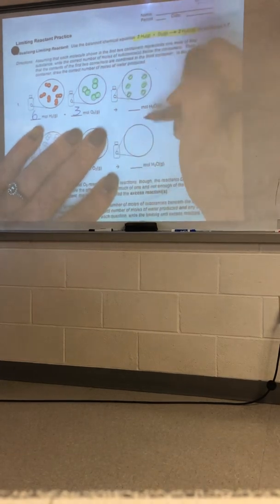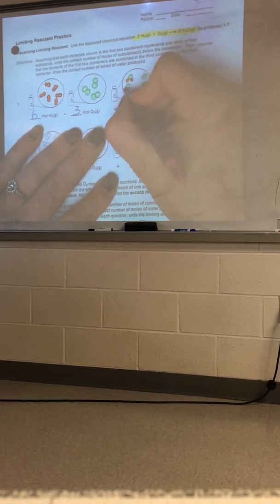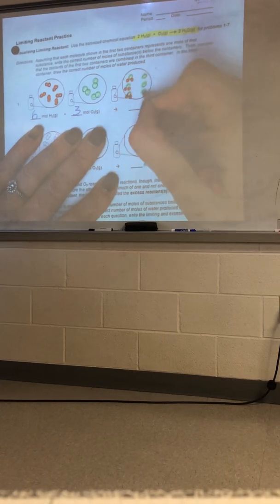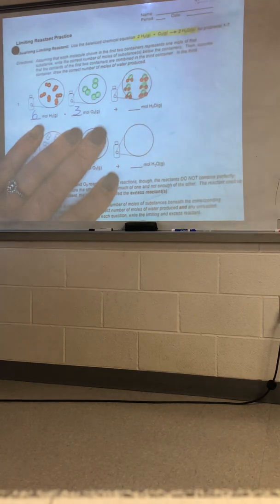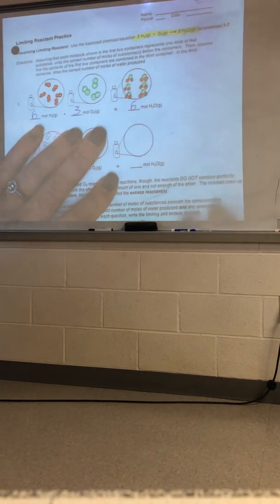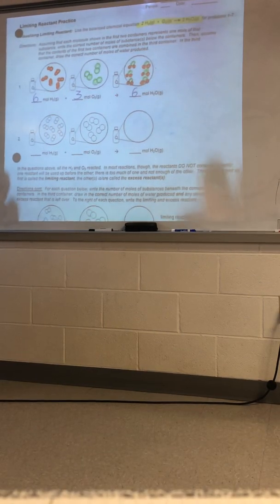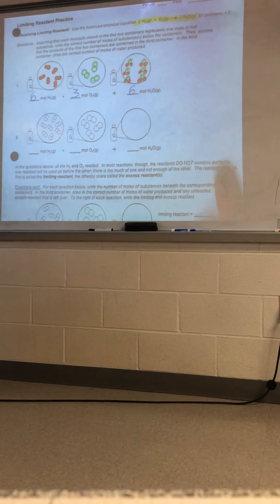In H2O, right? 2 hydrogens, so 1, 2, kind of like reverse Mickey Mouse ears. Okay, and that is my 6 moles of water. So what we want you to see and visualize is how this looks.